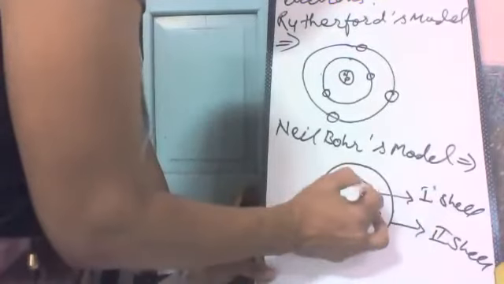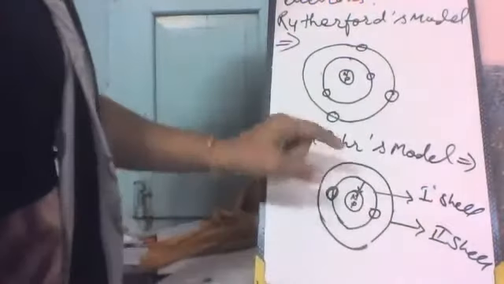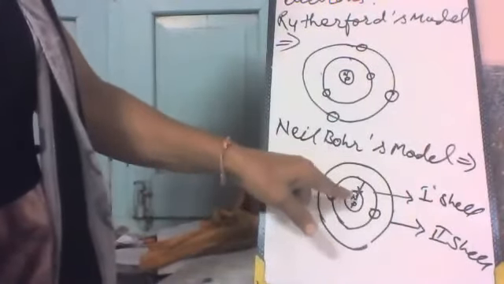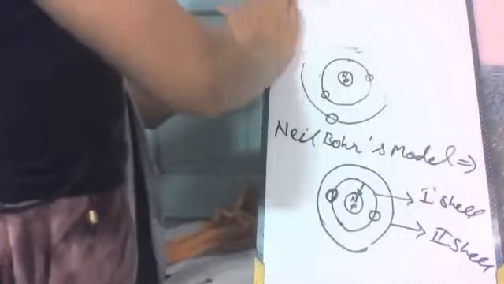And this first shell is nearest to the nucleus, and it can hold only 2 electrons in its orbit.